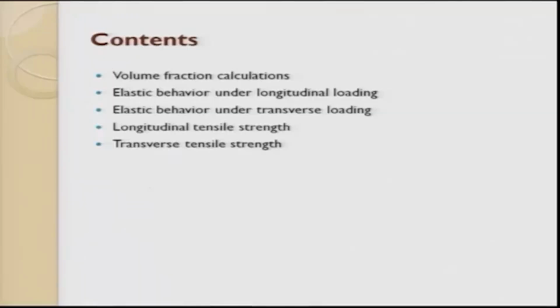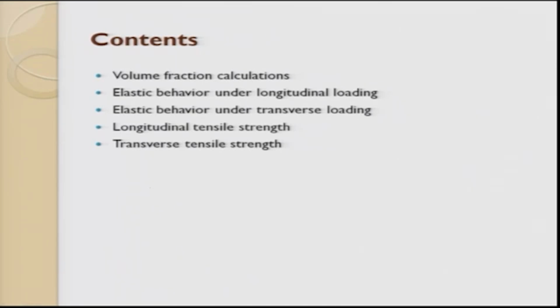In this lecture we will cover how to calculate the volume fraction, then the elastic behavior under longitudinal loading, then the elastic behavior under transverse loading. Then we will continue with longitudinal tensile strength and transverse tensile strength.